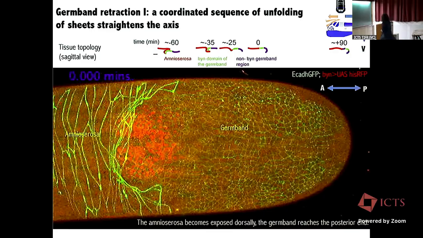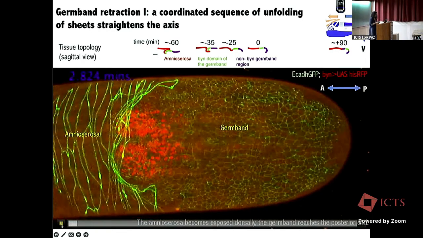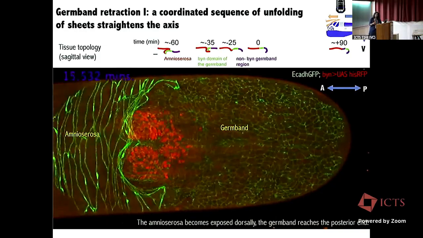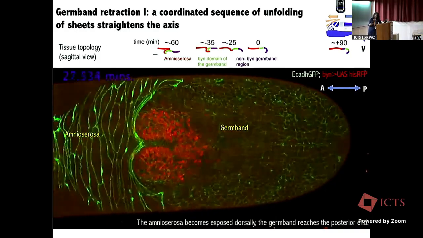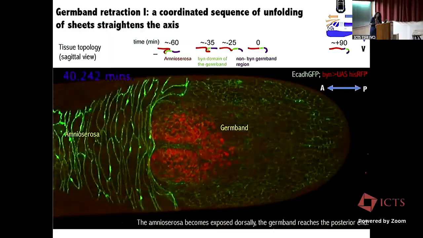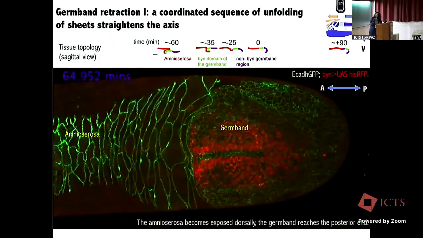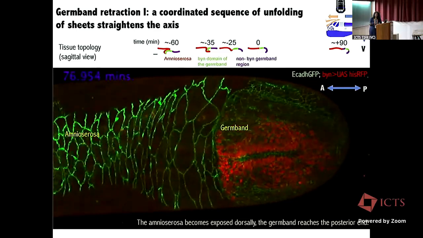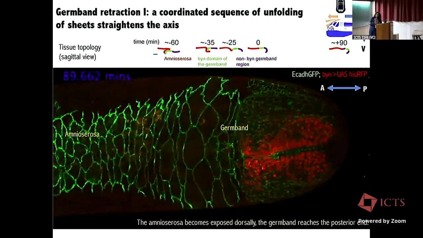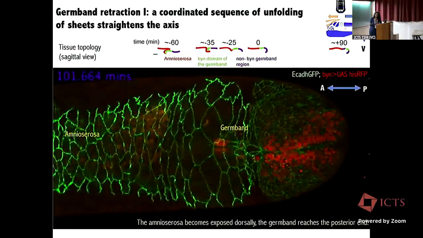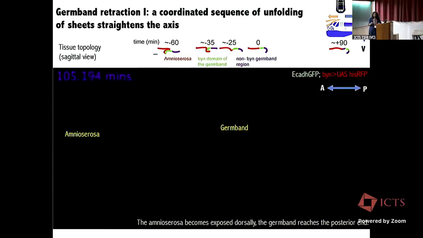And what you'll see when I play this movie is that the tissue with the large cells, which covers the red heart-shaped structure as if it were a wheel, gradually unfolds and spreads out onto the dorsal surface. The red heart-shaped structure emerges from underneath it, but at the same time, it reaches the right-hand side of the screen, which is the tail end.